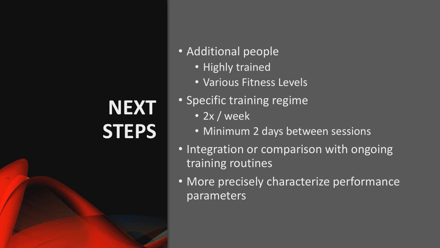There's some debate here on what the approach might be, but it would have to be integrated with the general protocol of what markers you were using to evaluate adaptation. There would have to be decisions made about the integration or comparison with ongoing training routines, and certainly the more precisely we can characterize performance parameters, the more insight we might be able to gain in terms of how things are working.